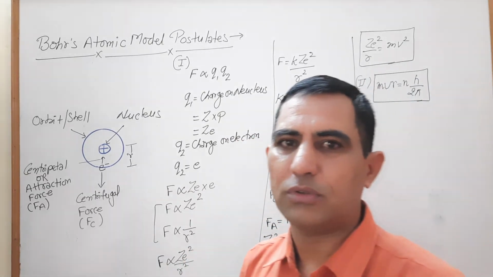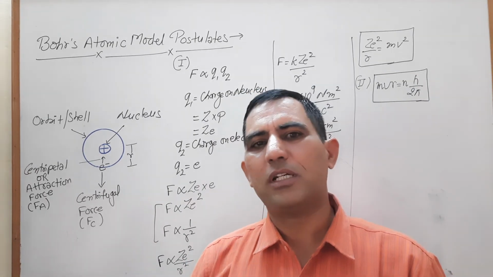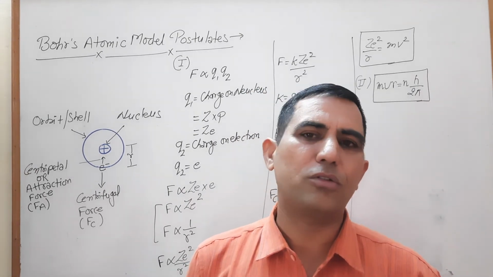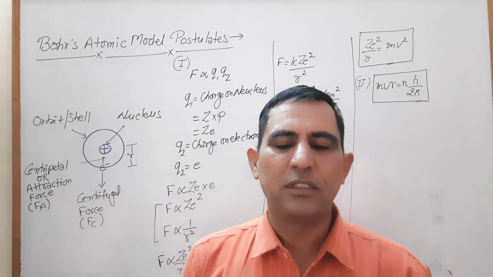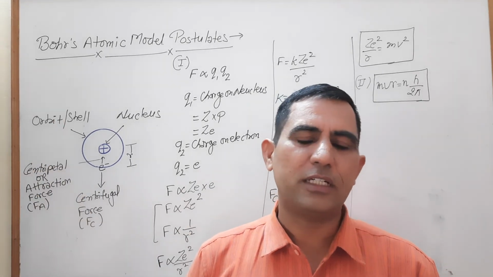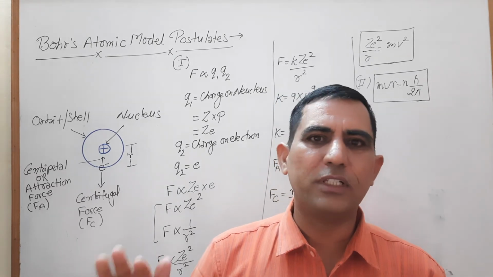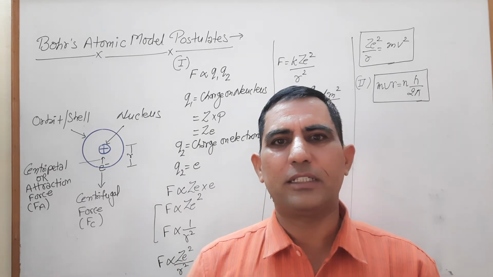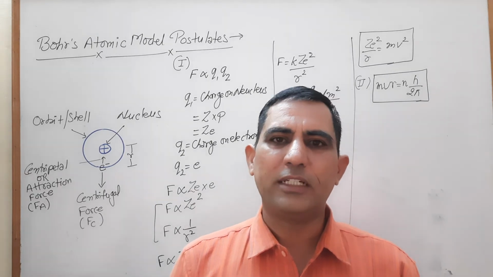Now the third postulate. In an atom, various orbitals are present. Those orbitals are also known as energy levels. There may be one or maybe infinite energy levels. Whenever an electron is transferred from one energy level to another energy level, that electron absorbs or emits some amount of energy.